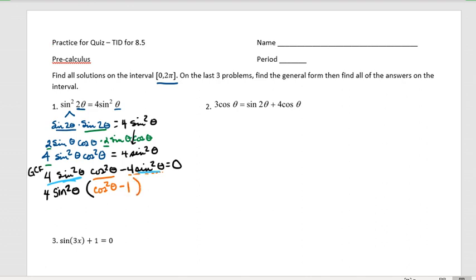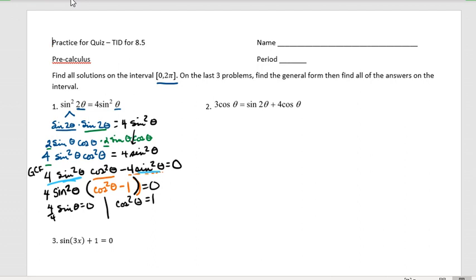Please do not make this a 0. It is not 0, okay? I have to have the 1 there. So if I multiply it back through and I redistribute and go backwards, I would have the answer that I had above. Once I get them both equal to 0, then I'm going to have 4 sine theta equals 0 and cosine squared theta minus 1 equals 0, but I'm going to say equals 1.